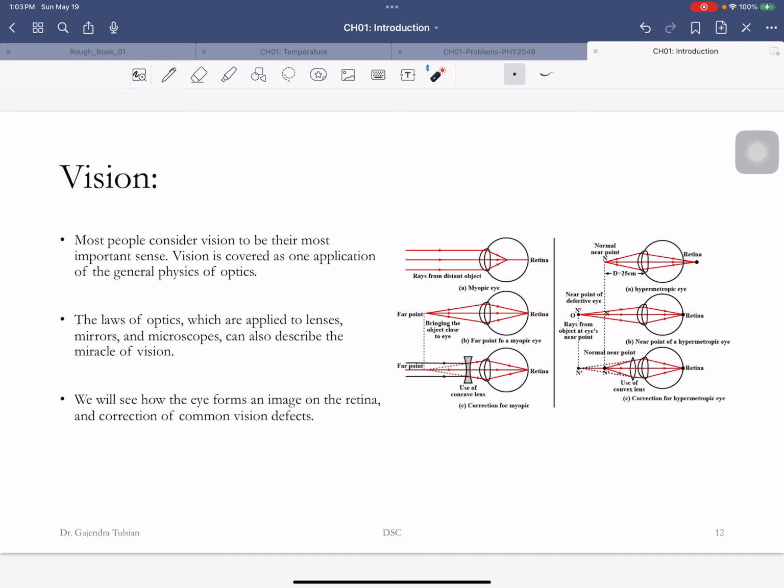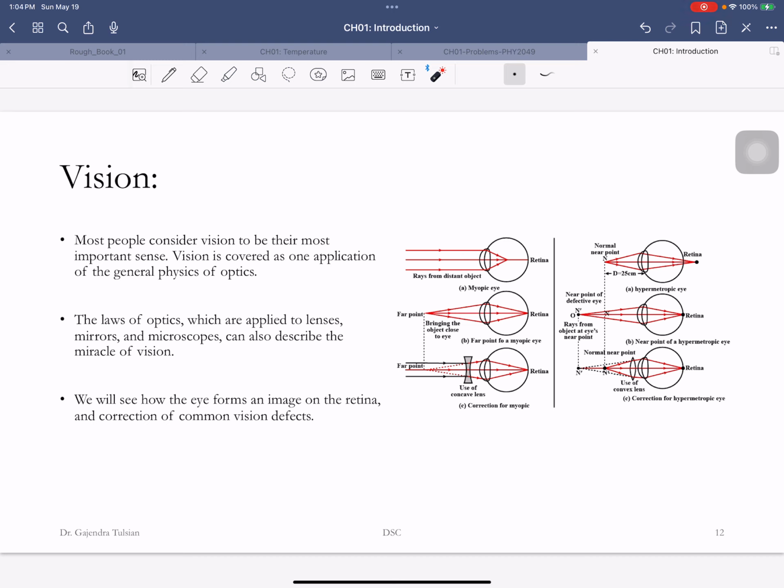This is a farsighted person, a hypermetropic eye. For this person, the image is formed behind the retina. They can see far off objects clearly, but they can't see nearby objects.